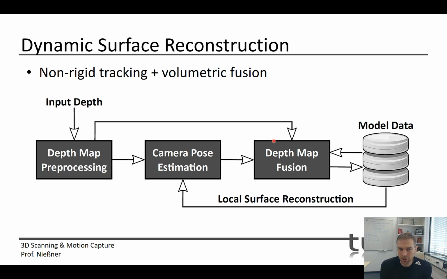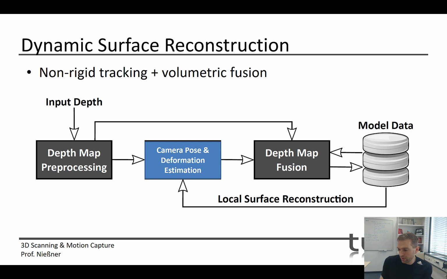And that is essentially where we want to continue now, except now we have non-rigid tracking. So basically the only thing in this whole pipeline that is going to change is this part here. Instead of doing a camera pose estimation with the 6-DoF, we now have a camera pose estimation and a deformation estimation. So we have to do two things here at the same time. But in principle, it's very similar to the things that we have seen before.